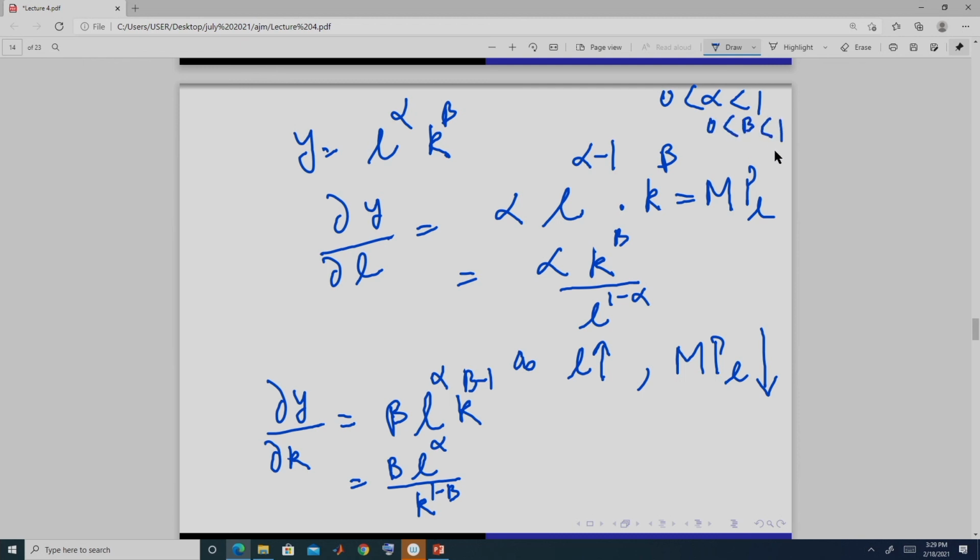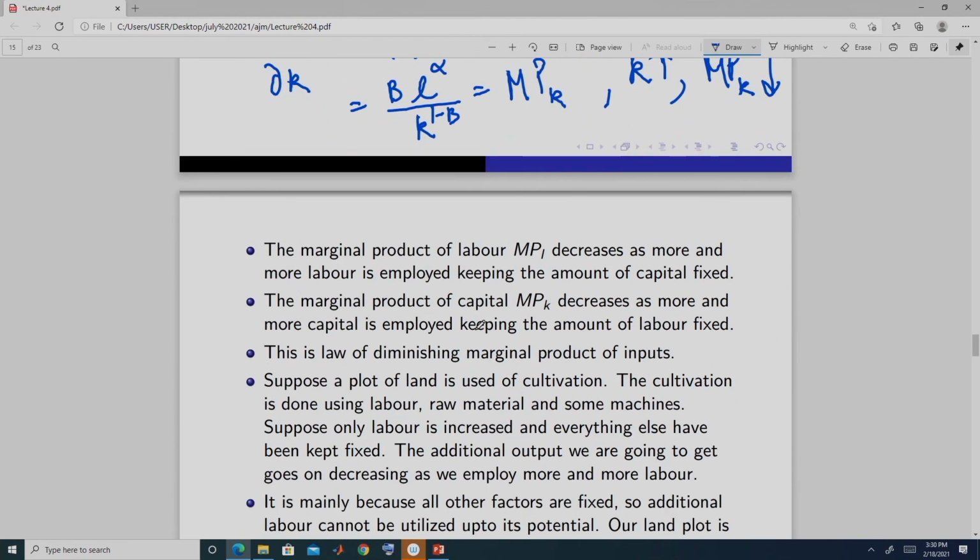Right? So, this is the marginal product of capital. So, as capital increases, the marginal product of capital decreases from here, right. So, this thing is called the law of diminishing marginal product.